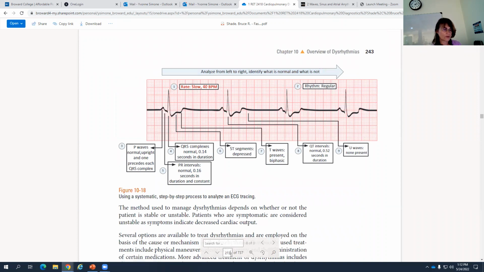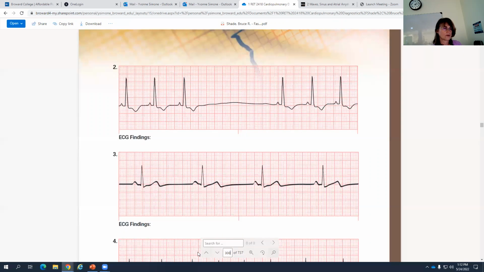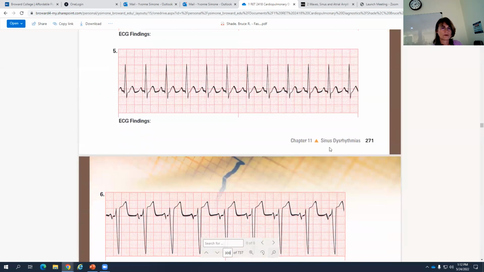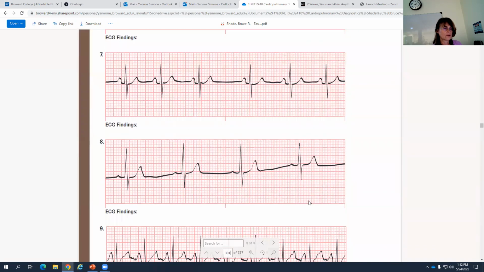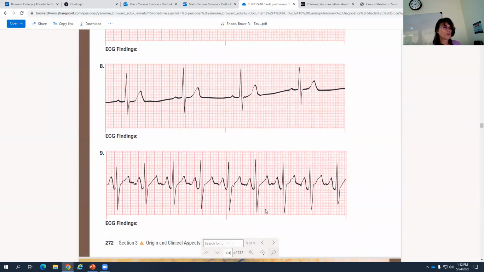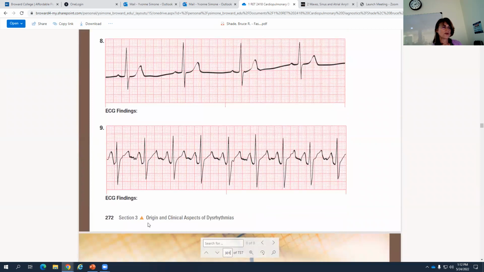It's off a little, so 271, 272, number 9. You have to go by the actual textbook page, not the page from the PDF. So page 272 in the textbook and then number 9.